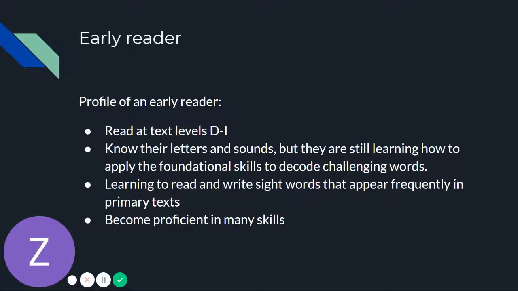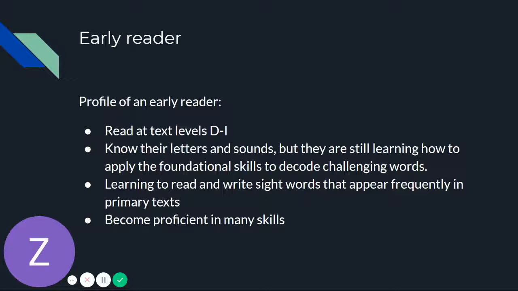The next stage is the early reader, and the profile of the early reader is that they read at text levels D through I. They know their letters and sounds, but they are still learning how to apply the foundational skills to decode challenging words. They are learning to read and write words that appear frequently in primary texts, and their reading behaviors such as one-to-one matching and using pictures and reading left to right are firm.